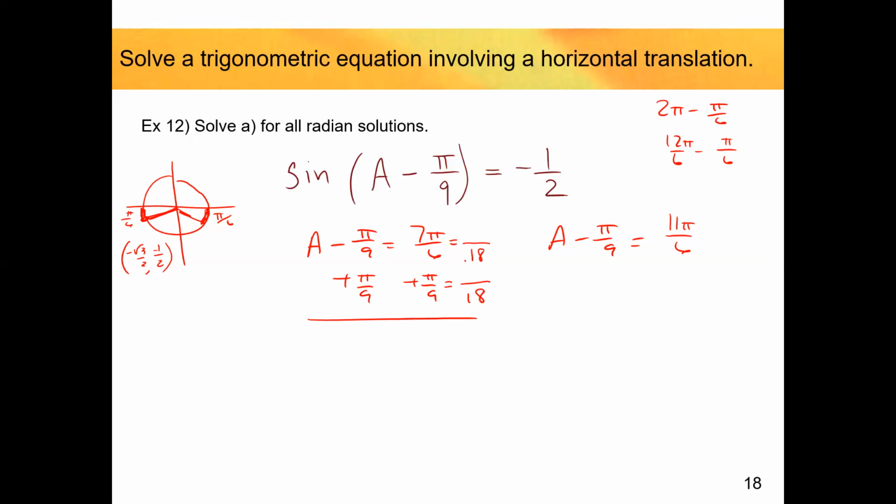And see, 3 times 6 is 18, so that means 21 pi. This one's multiplied by 2, so 2 times pi is 2 pi. Added together gives me 23 pi over 18. Perfect. Okay, other side, the same.